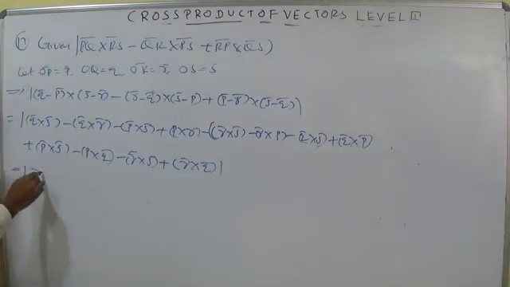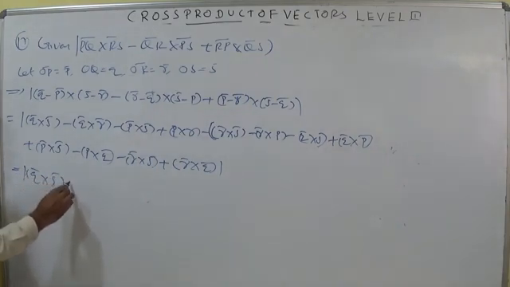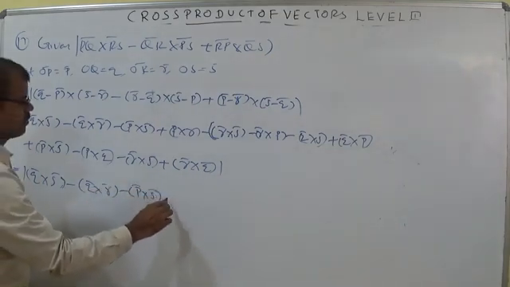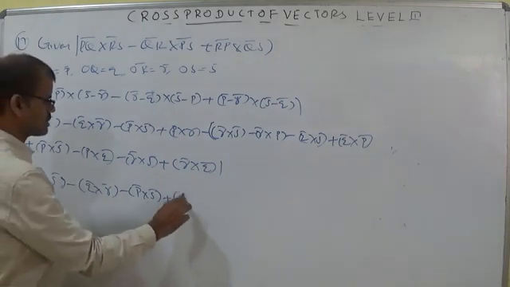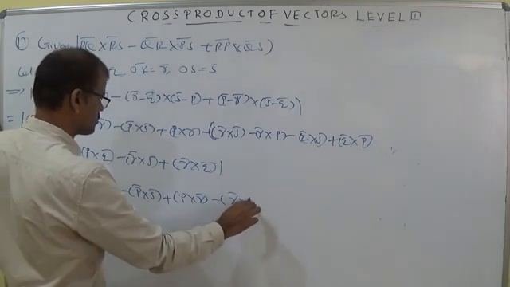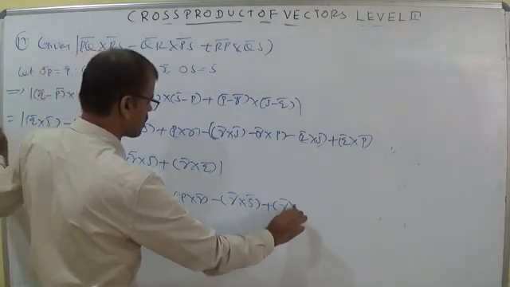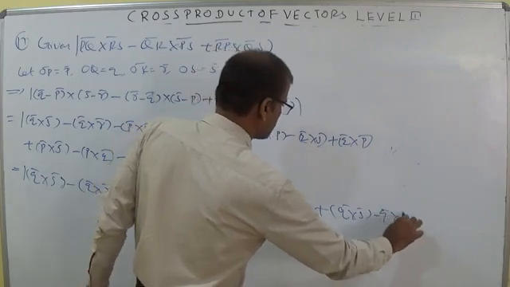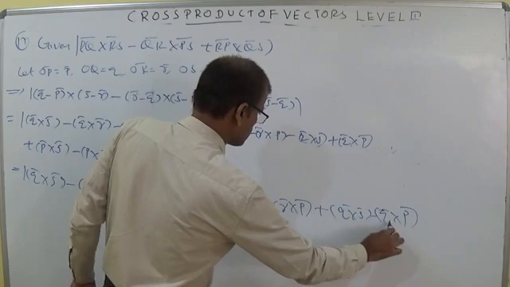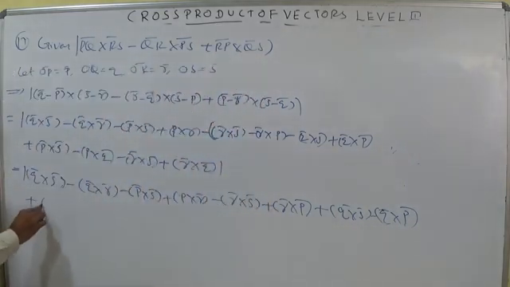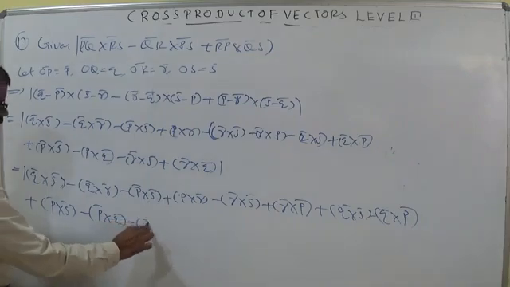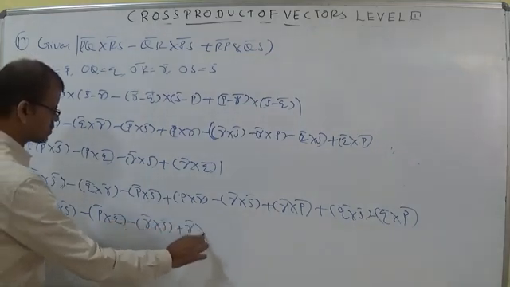Let us discuss the total value: Q cross S, minus Q cross R, minus P cross S, plus P cross R, minus R cross S, plus R cross P, plus Q cross S, minus Q cross P, plus P cross S, minus P cross Q, minus R cross S plus R cross Q.